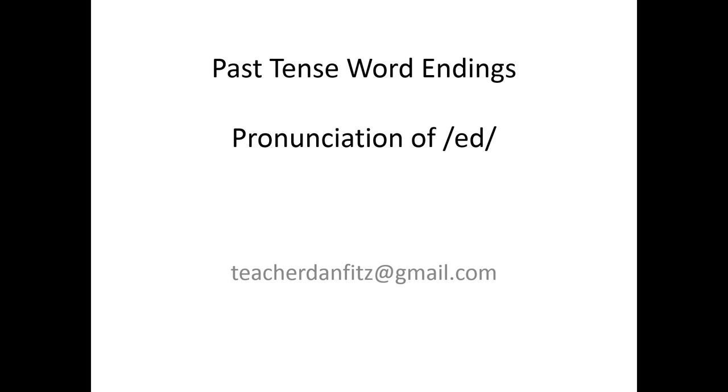If it's a voiceless verb, like laugh, the ED sounds like T, laughed. If it's a voiced sound like clean, the N sound, then the ED sounds like D, cleaned. And if the verb ends in a T or a D sound, we add an extra syllable to add ED.